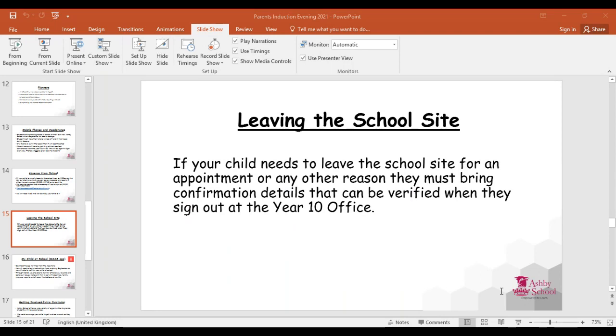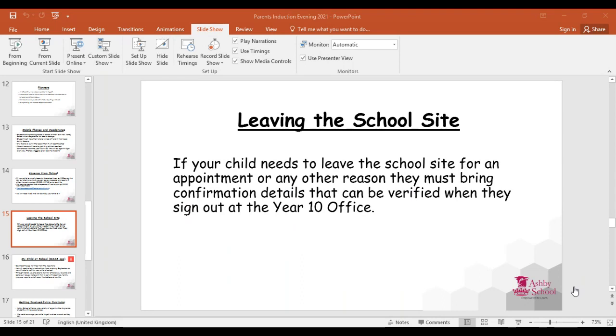We'll let them out through the main reception area, but they will need to come to the Year 10 office, ideally before form time, to let us know what time they'll be leaving. They need to sign out properly and give us the correct paperwork, or an email or a phone call from yourselves, to let us know what time they will be leaving and for what reason.